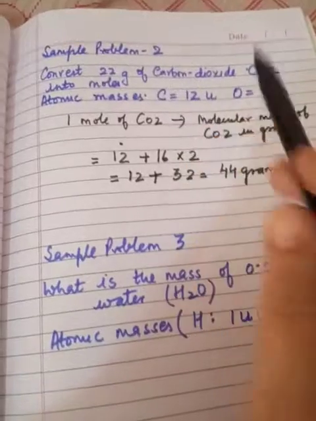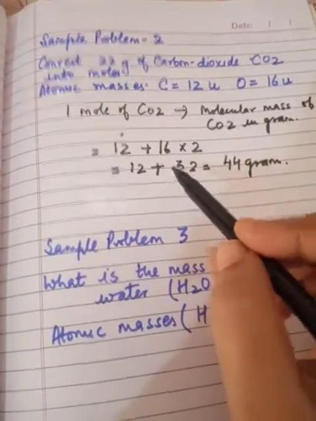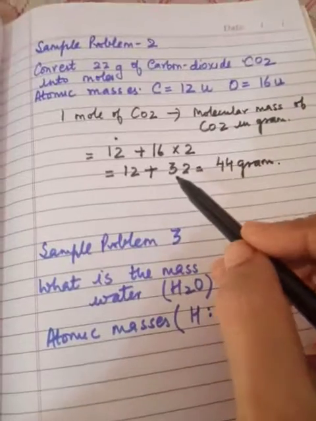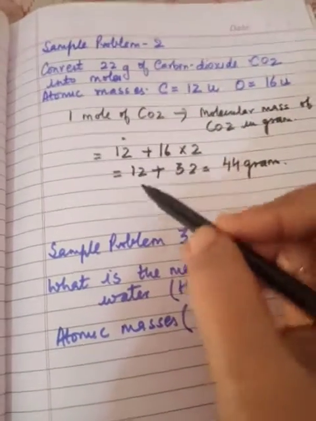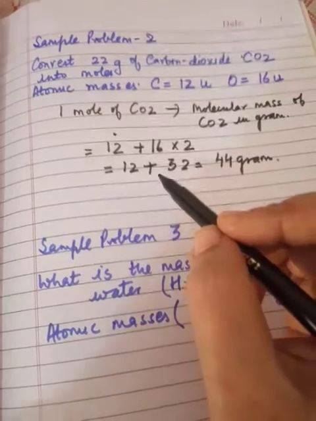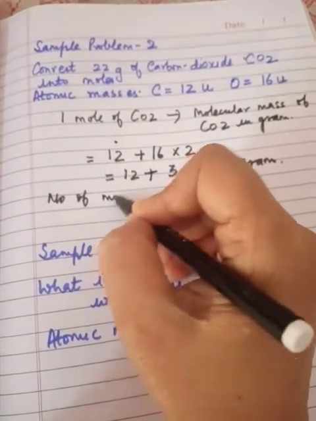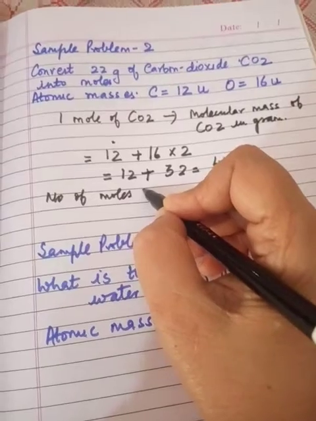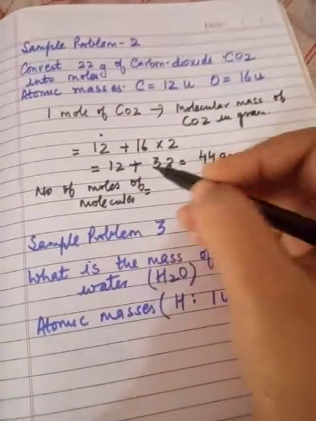The mass of the substance is already given. So, using this simple formula, we can calculate the number of moles of molecules. How?